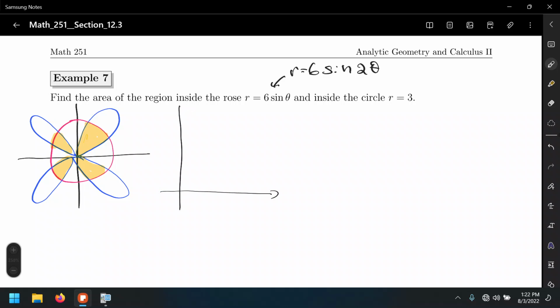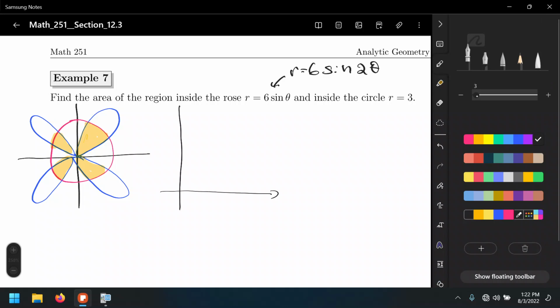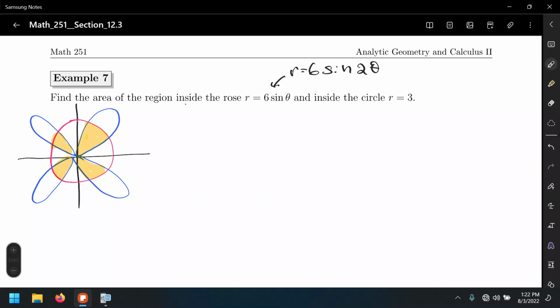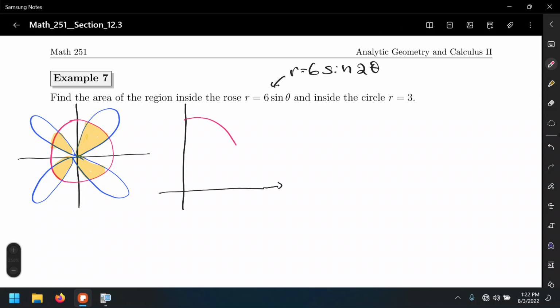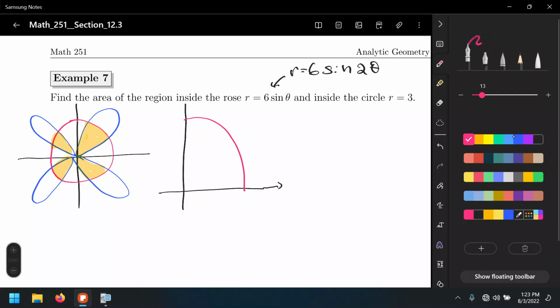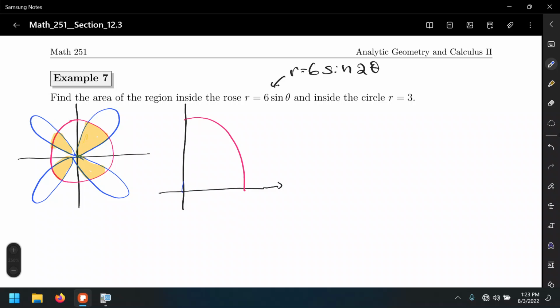Let me do only one of the loops, and let me use the same colors we used before. That's part of the circle, and this is the other part of the graph, the loop. And we need to find these points of intersection using algebra.